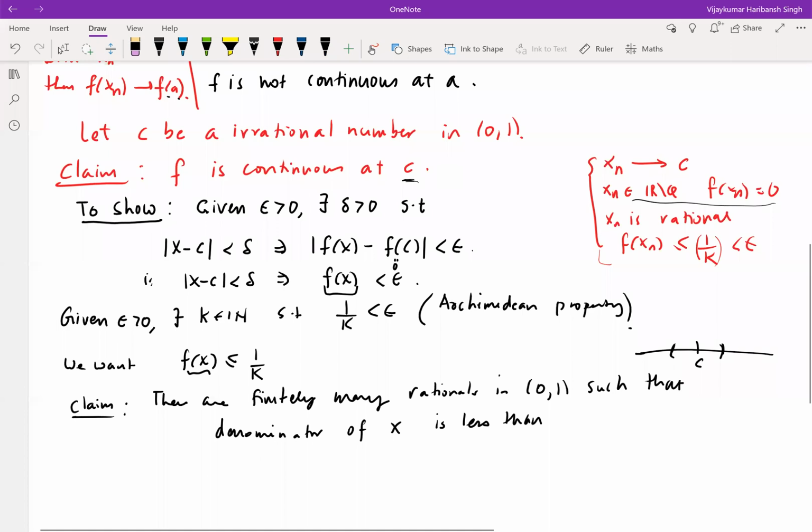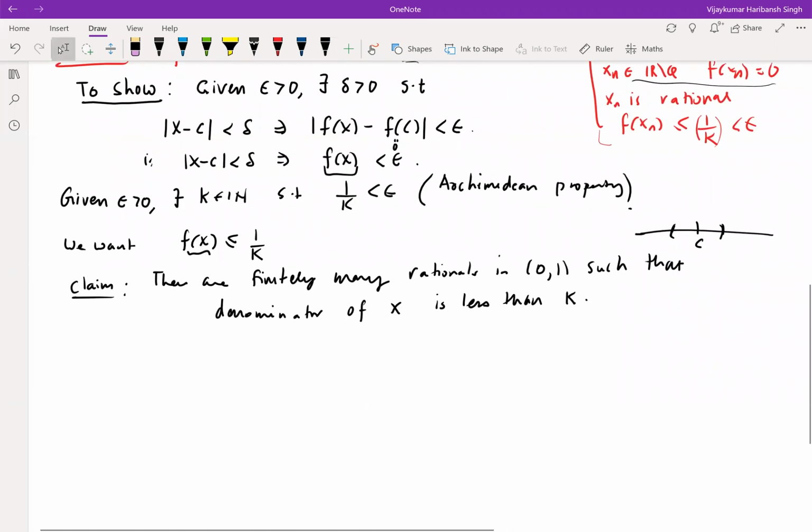Well, equal to is fine because we have less than k, right? Do you buy that?